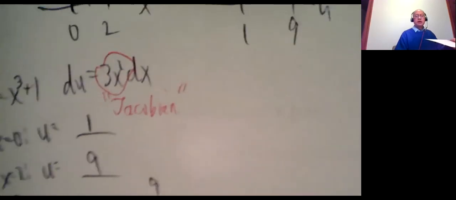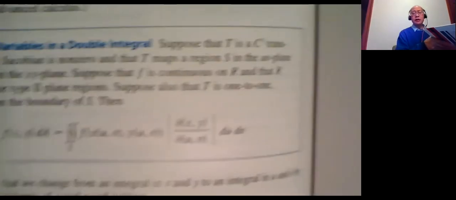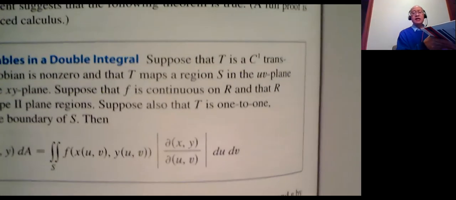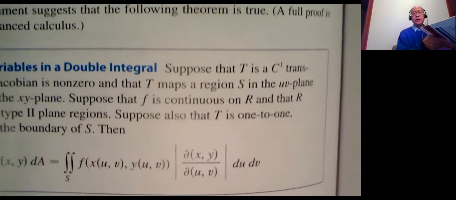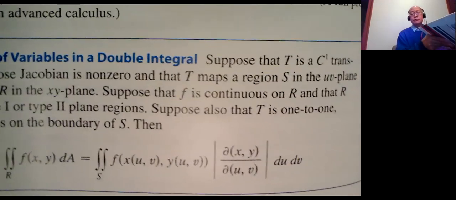That 3x squared is the so-called Jacobian. Two variables. Change x and y to u and v. It becomes a du dv times the absolute value of the Jacobian in front of it. So that's kind of like the 3x squared that I just showed you. Okay, so put that on your cheat sheet, page 1056.